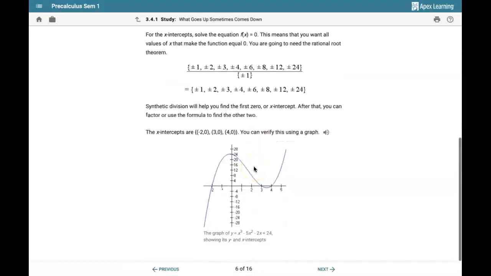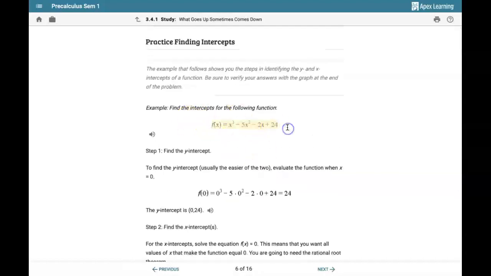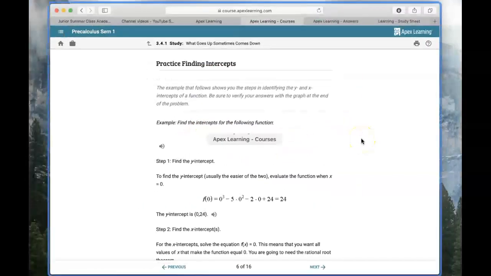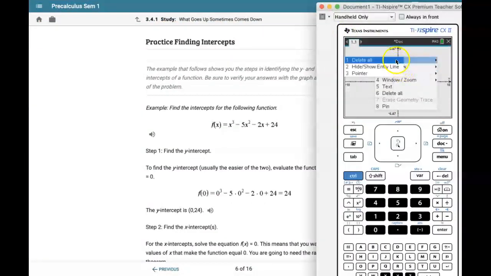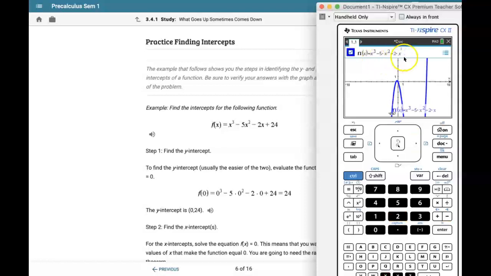And again, we could also verify using a graph. So if you're given this equation here, let me pull up my calculator for you. I will type this in: x cubed minus 5x squared minus 2x plus 24.